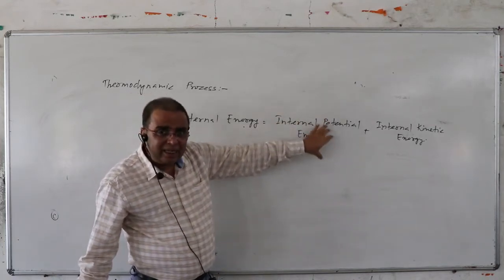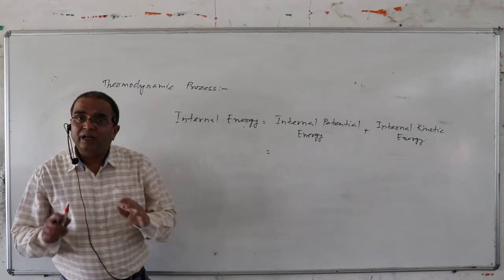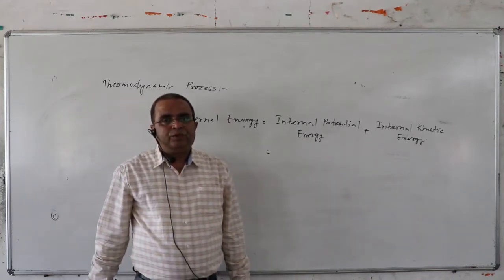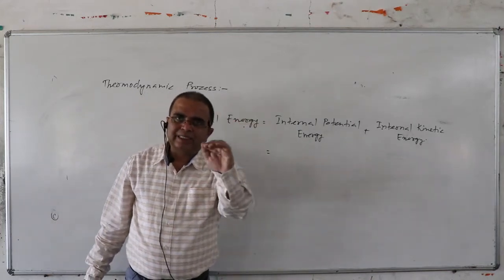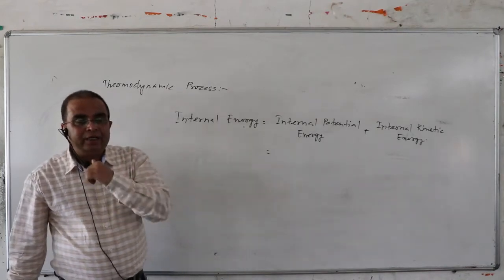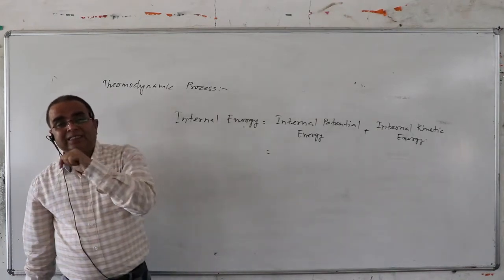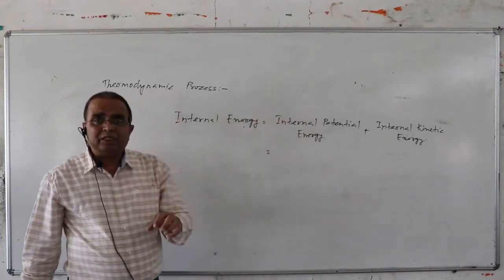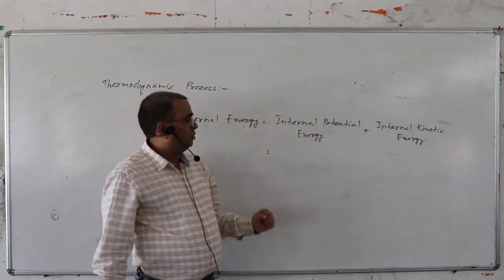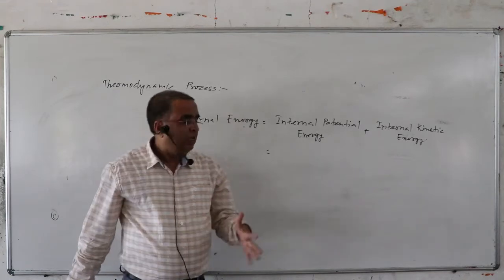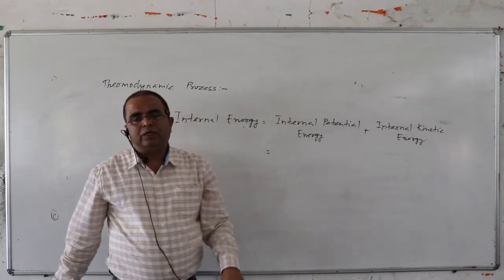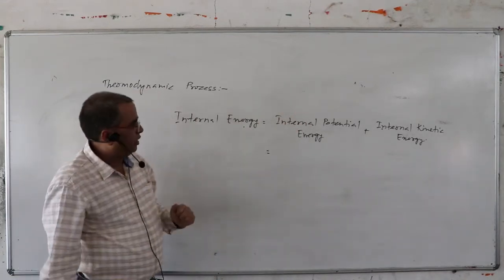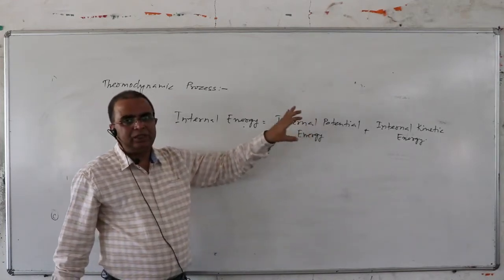In such cases there is interaction, and if you want to change the configuration of the system, some external input or external force is required, or there must be some work done on the system, either positive or negative, to change the potential energy. This is the internal potential energy.